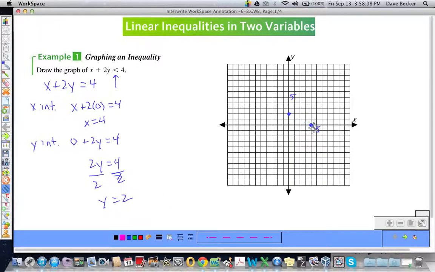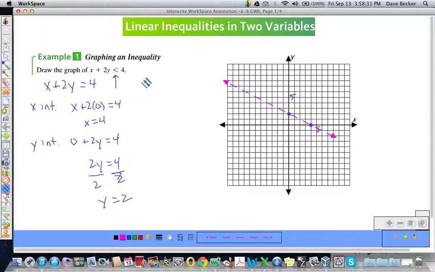I'm going to go through these 2 points as best I can, starting here, and now I'd like to draw it all the way down here.